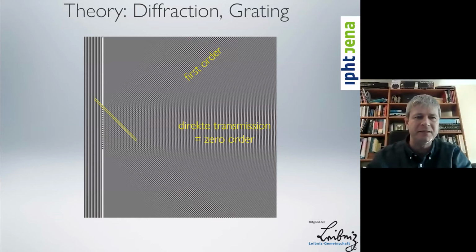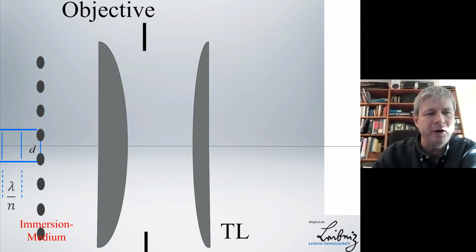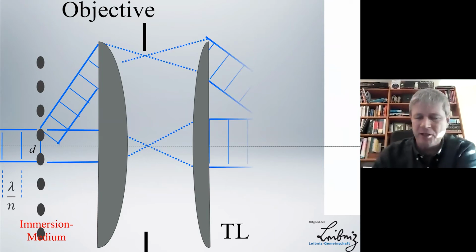And if you want to formalize it, it matters what the relative optical path differences are between these various slits here and the direction in which you're propagating your light. So more precisely, this is shown here. If we imagine our wave comes from the left side and hits our periodic object, we have the first diffraction order.